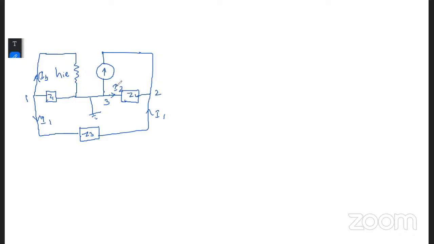Z1, Z2, and Z3 are representing the inductive or capacitive reactance of an oscillator. So we have drawn this simplified equivalent circuit of the oscillator as shown here.